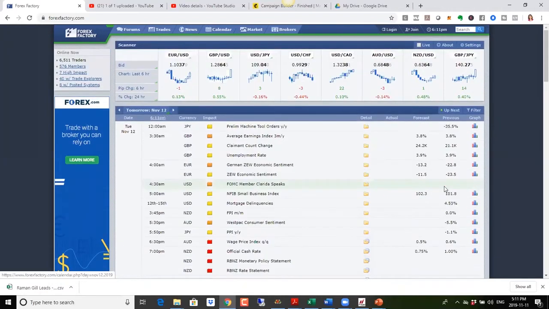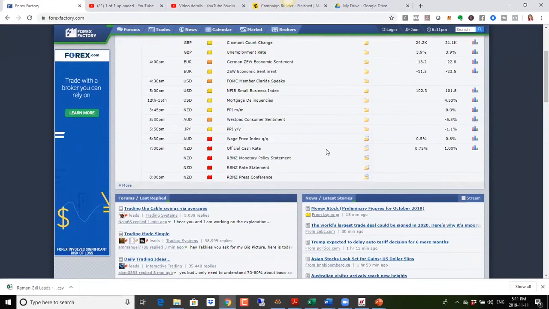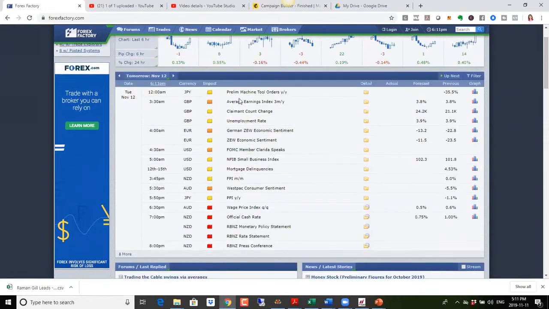And coming up on Tuesday, we do have average earnings data, so employment numbers out of the UK. These numbers are kind of like the non-farm payroll numbers that come out for the US. So it's an important piece of data. It points to what the economy is doing and how the employment situation is in the country.